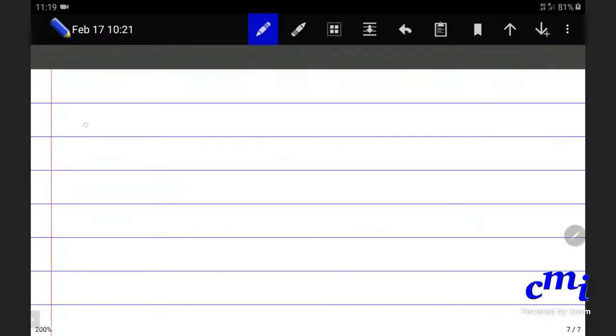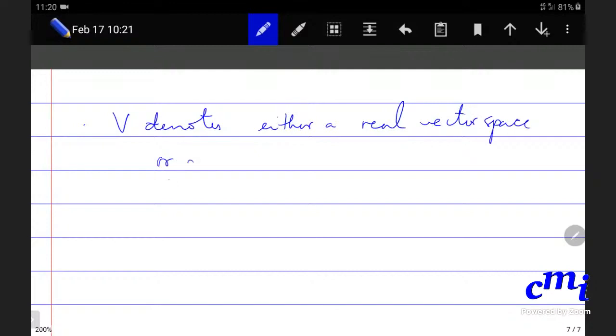So maybe I should start saying V denotes either a real vector space or a complex vector space.